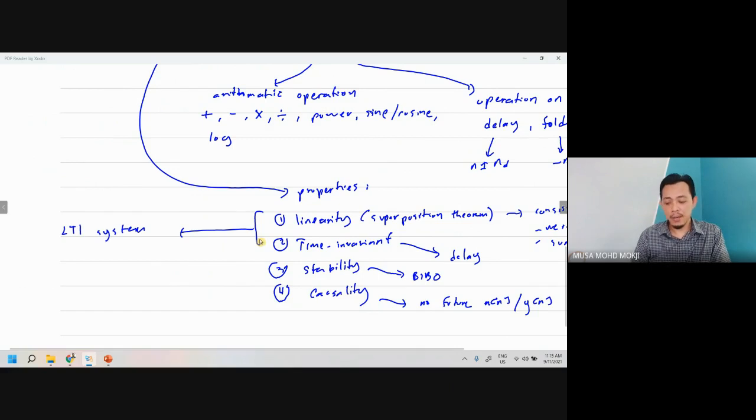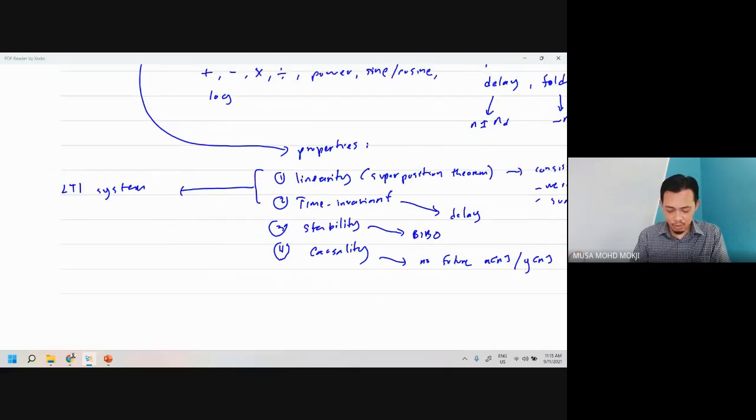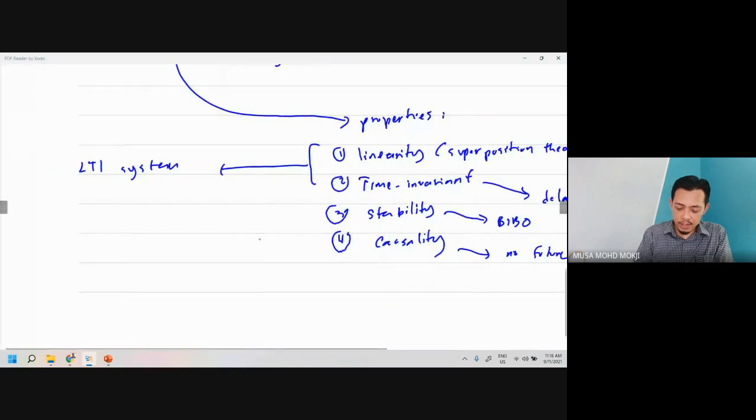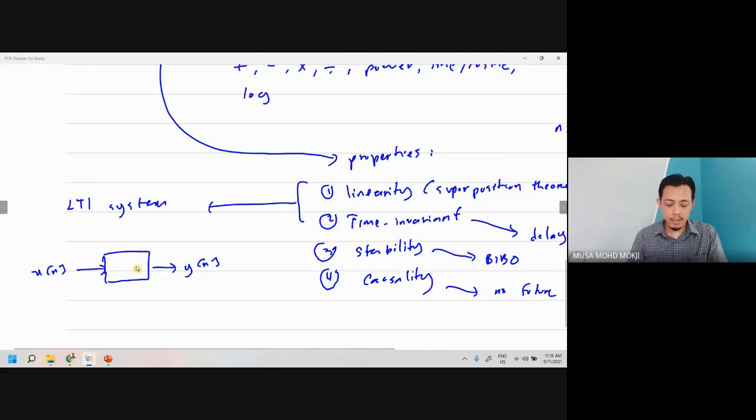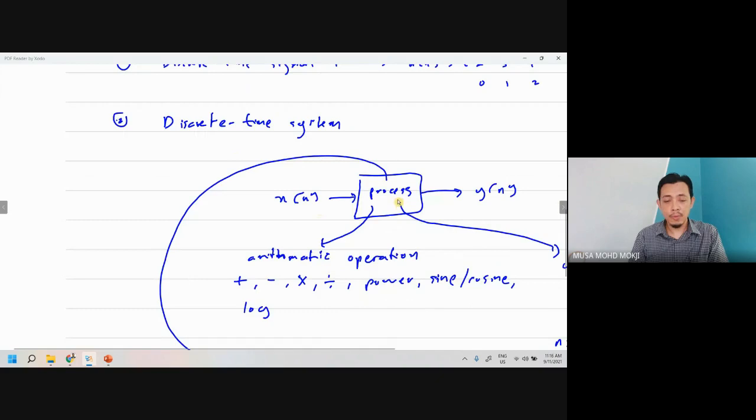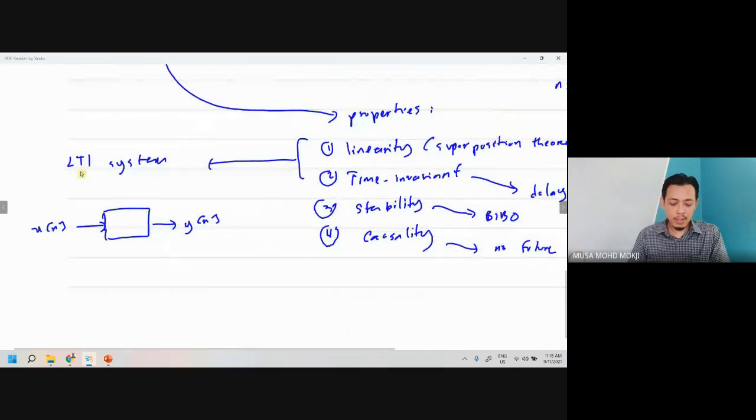When you have an LTI system, it becomes a unique and special system, because originally at the center you have a process. But because it is an LTI system, the operation is just a weight multiplication, summation, and then just a delay.